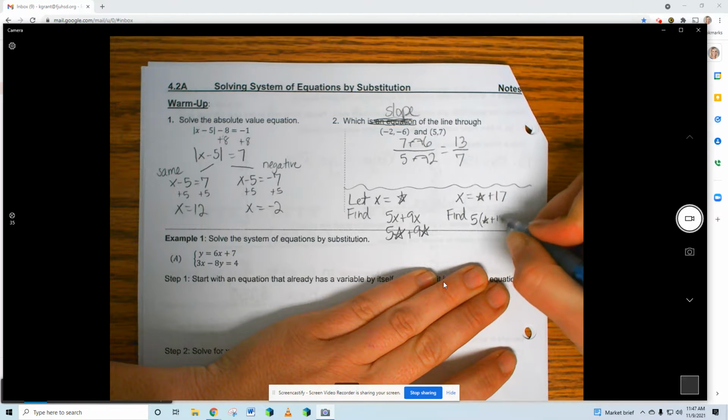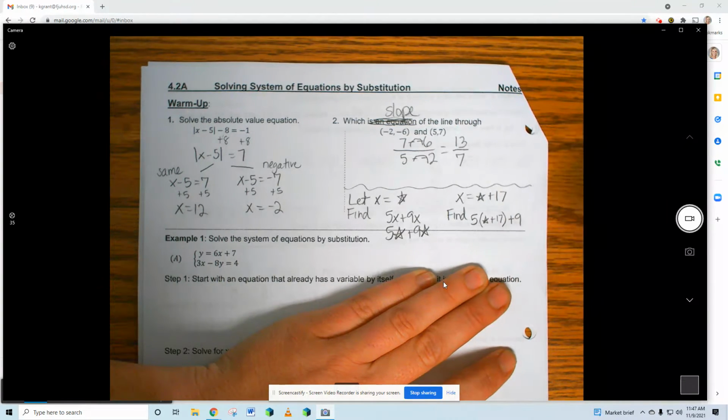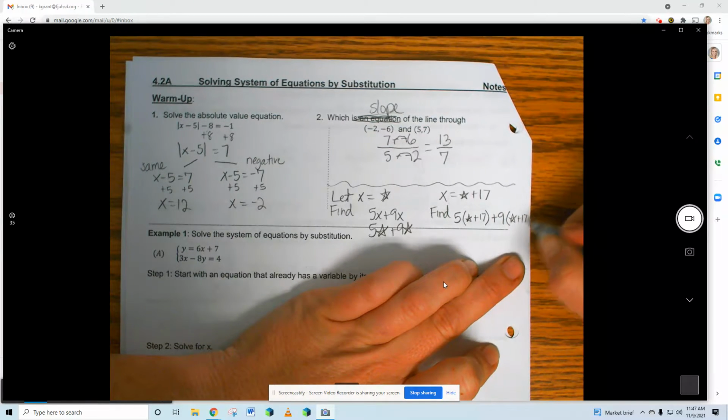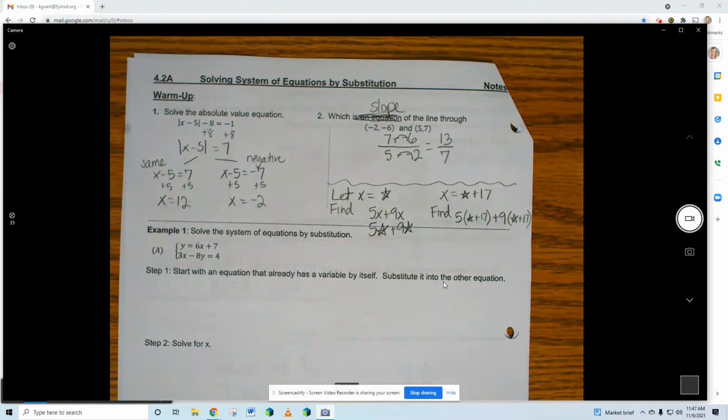Star plus 17. Plus 9x. But instead of x, I'm going to put star plus 17. And then I'd have to distribute. So this is a new concept that we don't really do a lot, but it's called substitution. I'm replacing one value with another value.